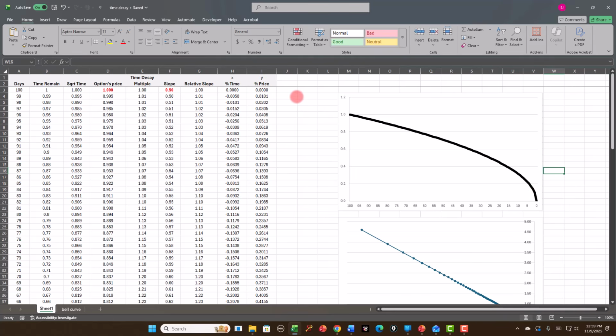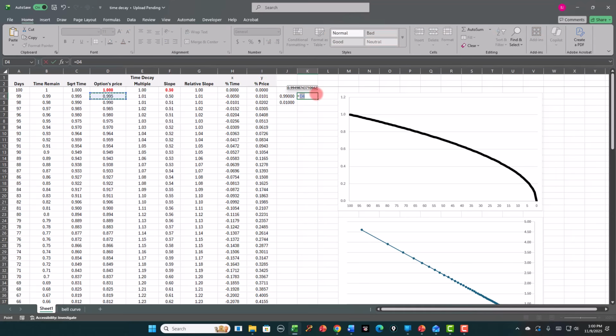Let's take the slope of the curve, and how do we do that? In algebra, we're going to take, remember, rise over run. So let's take the time. We'll take 99 divided by 100, and then we're going to take 1 minus that number to say that we have lost 1%. Isn't that true? Starting with 100 days, we drop to 99 days, we've lost 1% of the time. That's what that is. Now we're going to say what happened to the options price.